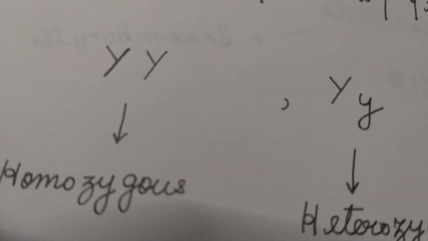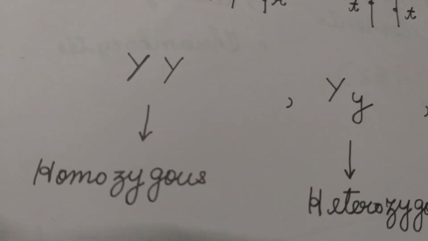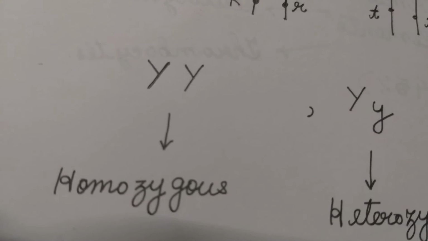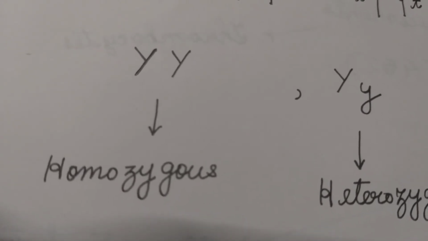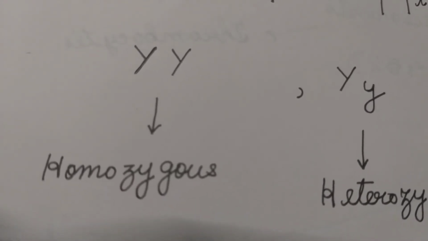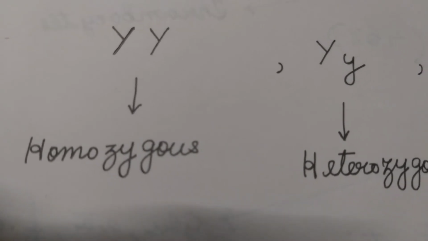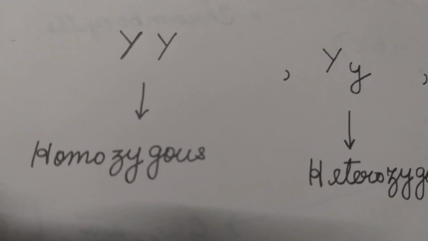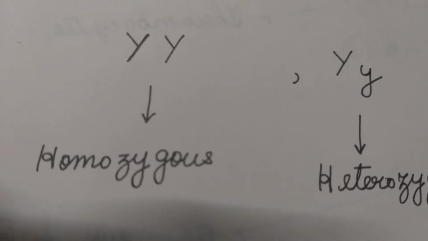So capital Y represents a diploid organism. In this case, it represents the garden pea plant having yellow seed. We are considering the color of the seed, so the alleles which are responsible for color of the seed are shown.